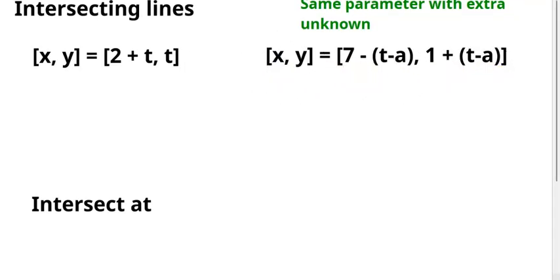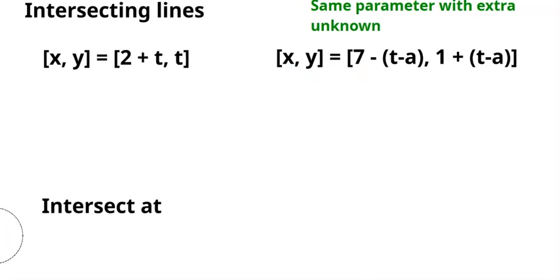So in this case, if we were to consider equating the x steps, we'd end up with 2 plus t equals 7 take t, and we'll expand the brackets, plus a. So we end up with minus a plus 2t equals 5.